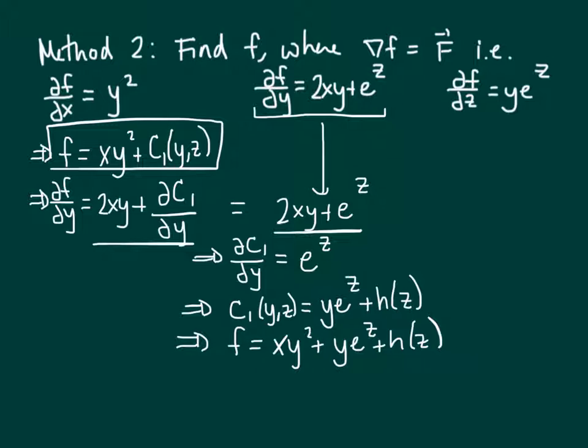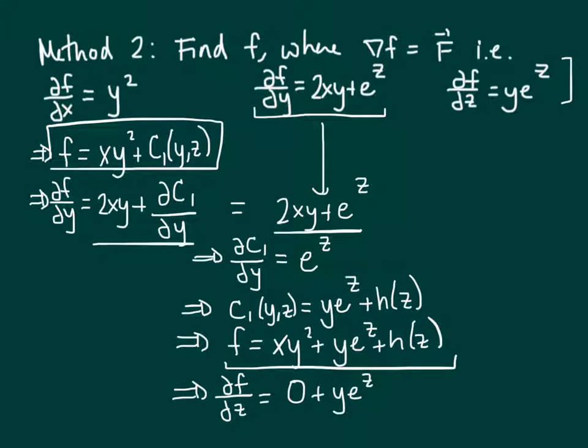Okay, but I haven't used this last equation up here, if you've noticed. So what we're going to do is now take the partial derivative with respect to z, partial of f with respect to z, and that's going to give me y e to the z plus h prime of z.